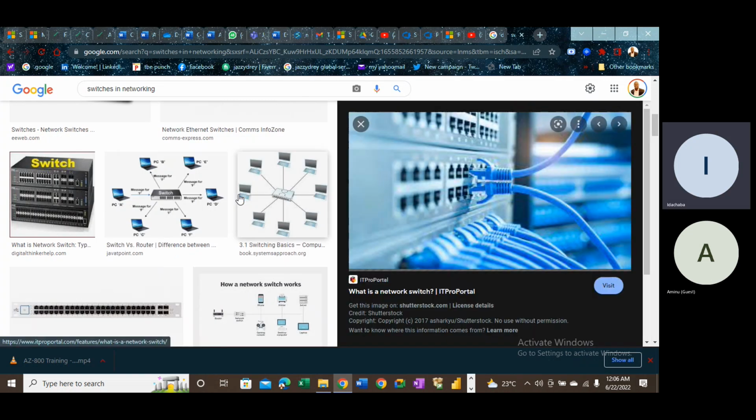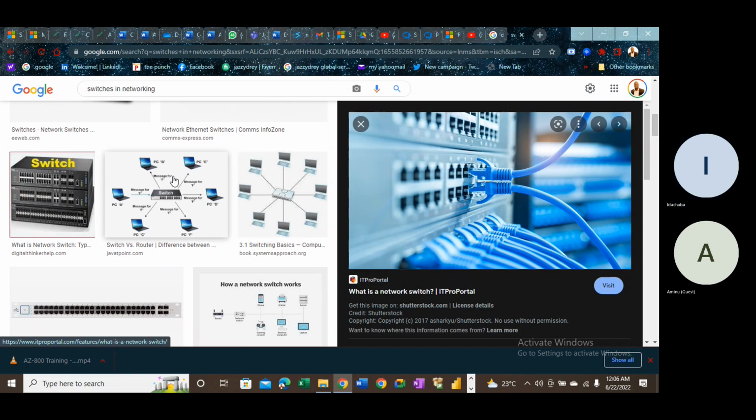They serve as the end-to-end connection between the network and an end device. What do I mean by end device?